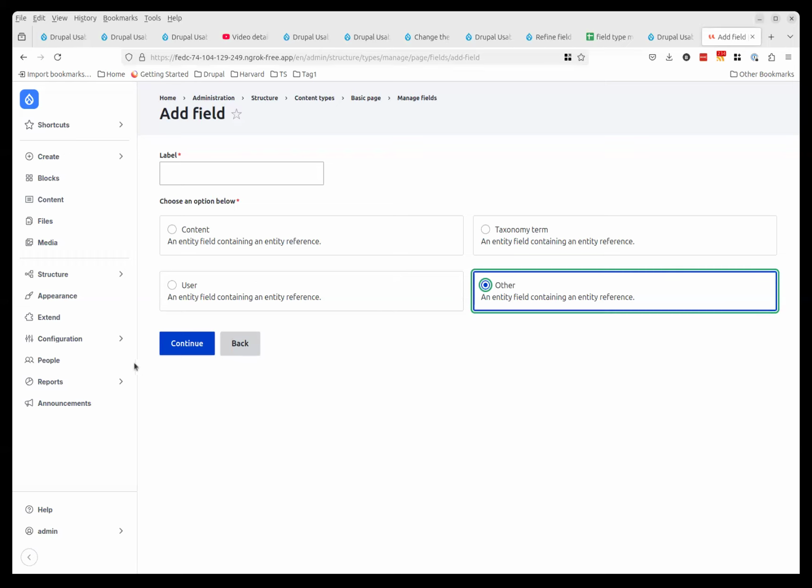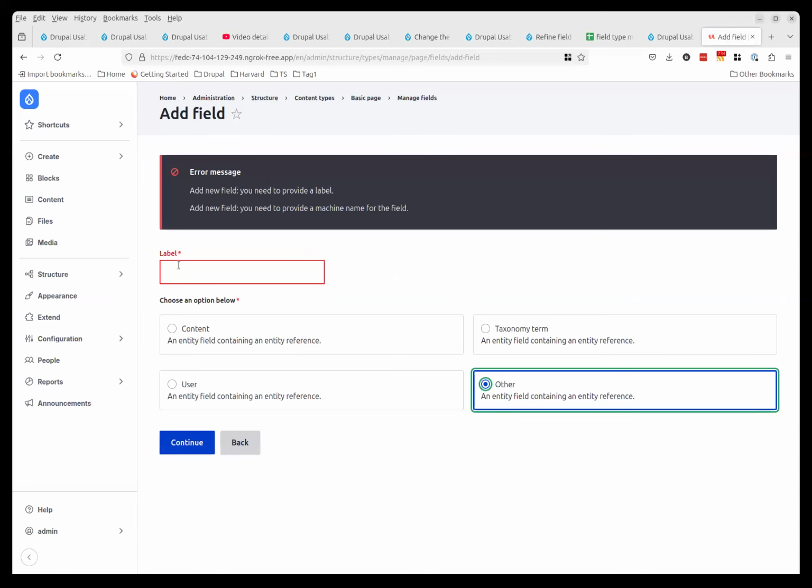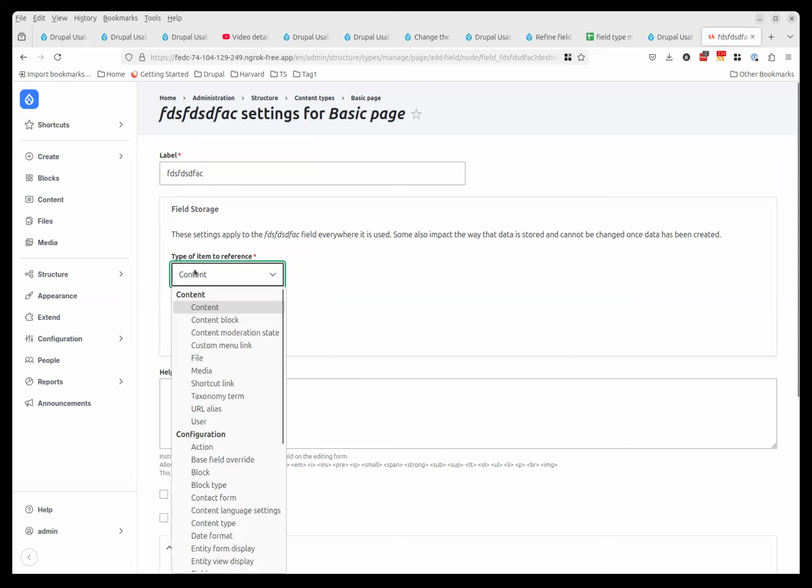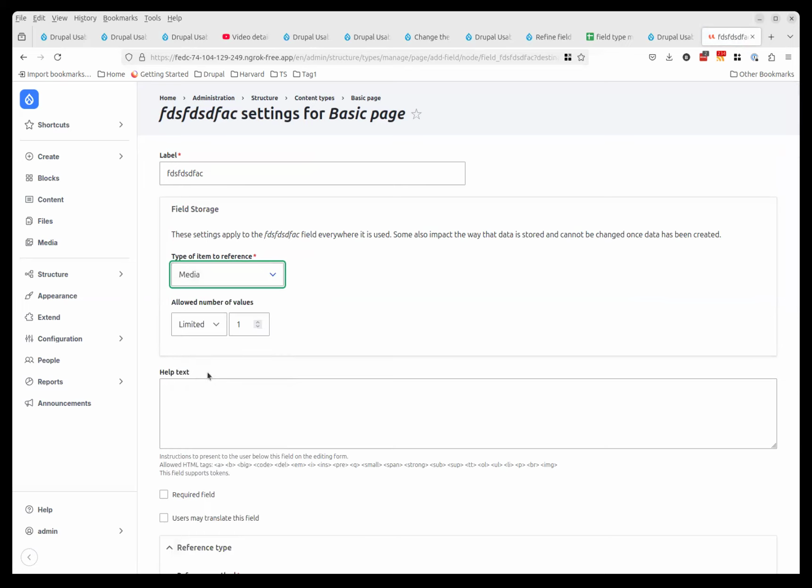But if you go to other, it doesn't matter which, because it's just setting the preset for the type of item, and if you scroll down, then you have media. Exactly, media. That way you're able to create it there as well. And if you go back, but I guess the back button is not properly working in the current state if you're on the field settings page.